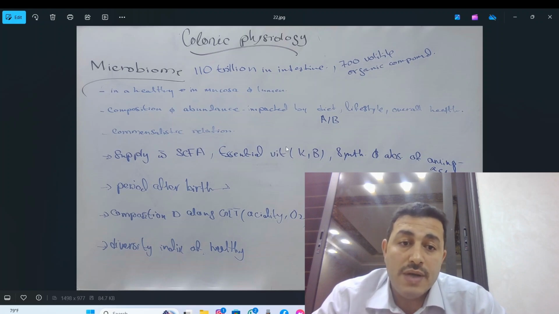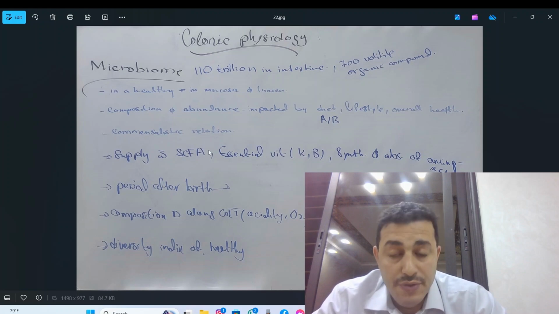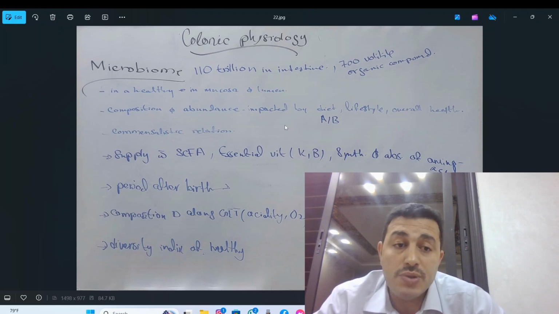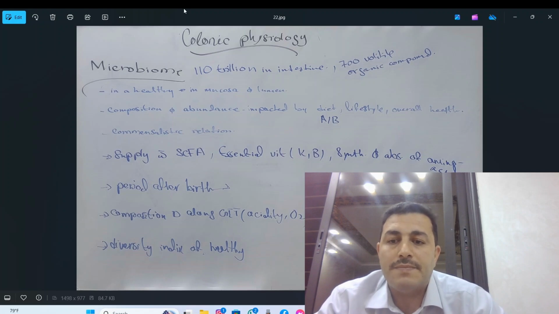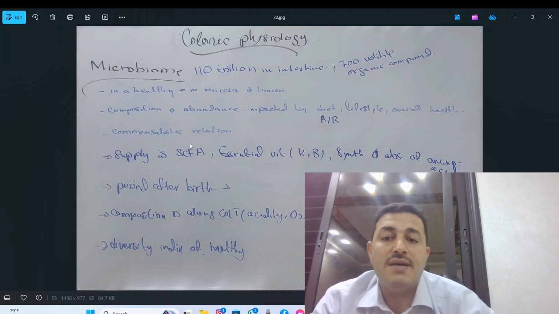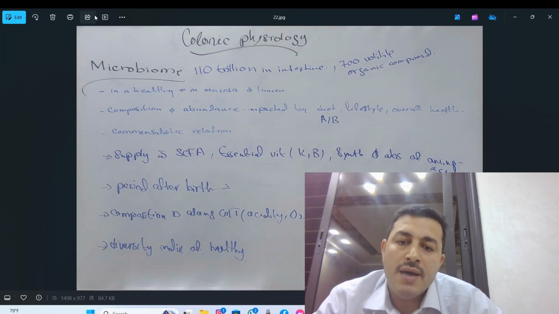Of these functions, as we will see, they participate in production of short chain fatty acids, vitamin K, some vitamin B, and synthesis and absorption of amino acids. They start to appear a period after birth, and this may explain the bleeding tendency in newborns.